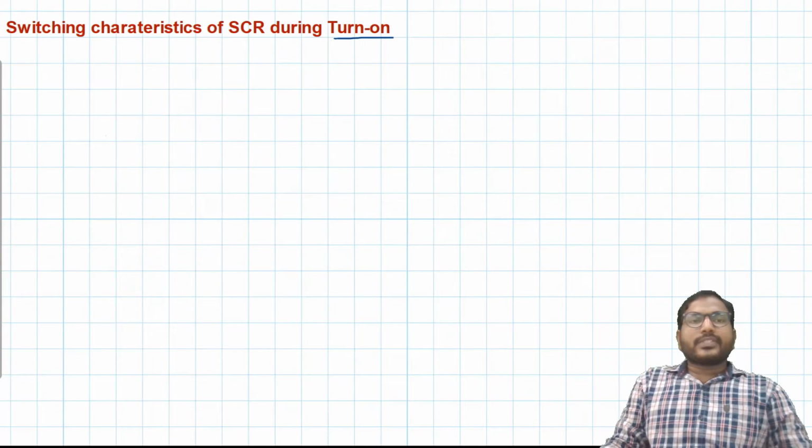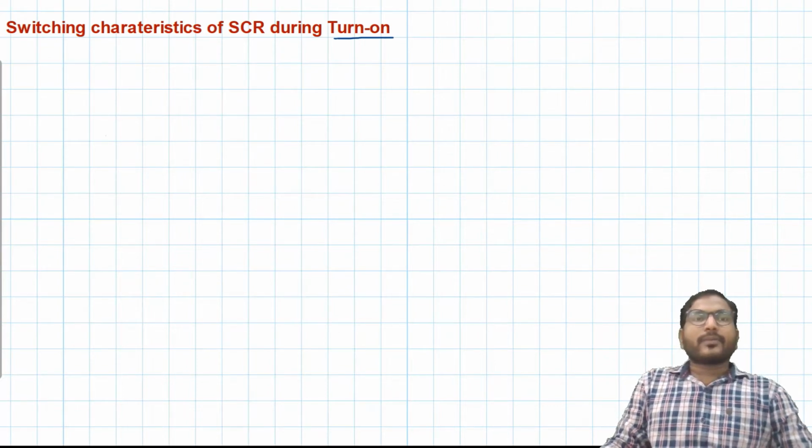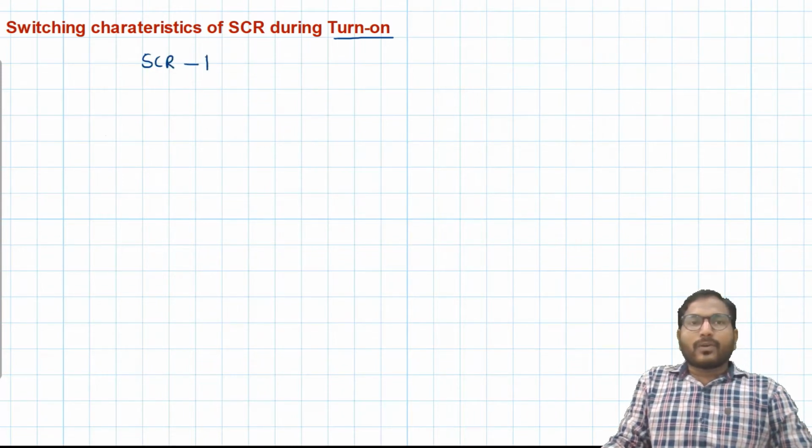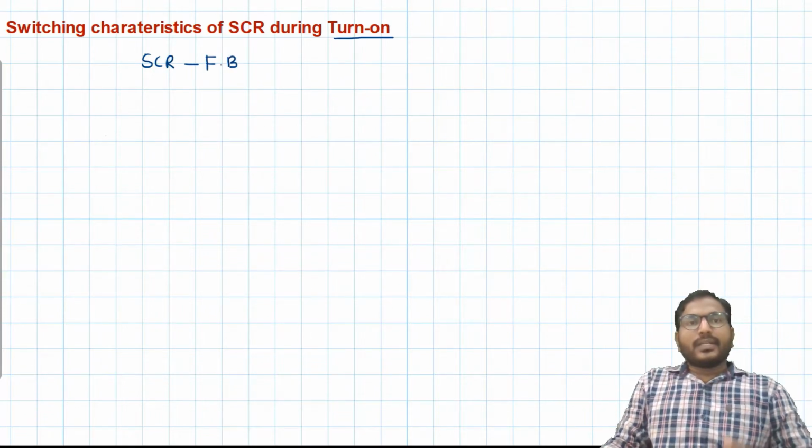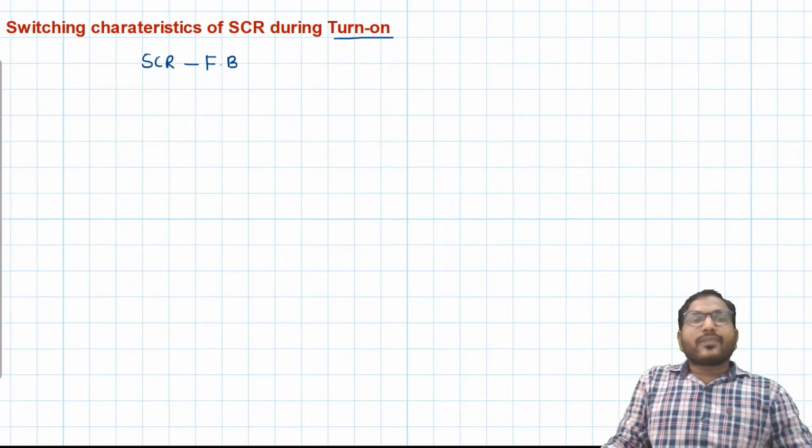Coming to the switching characteristics of SCR during turn on. Here turn on means the SCR must be forward biased. Turn on means the SCR has changed from off state to on state. This is the procedure of turn on.